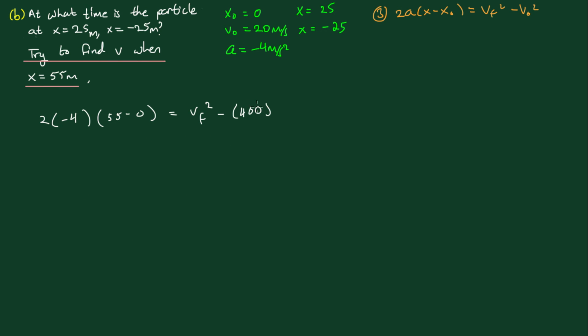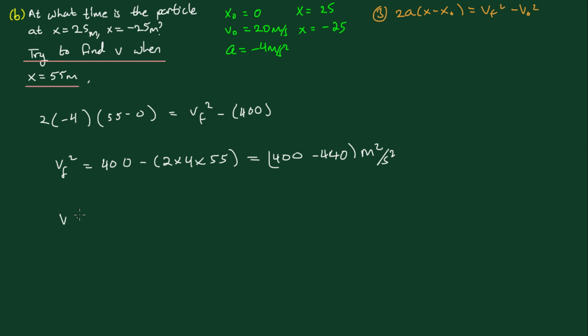Okay, so we arrange this and we get vf squared is going to be equal to 400, and then minus 2 times 4 times 55. So this is all going to be 400 minus 440, in units of meters squared per second squared.